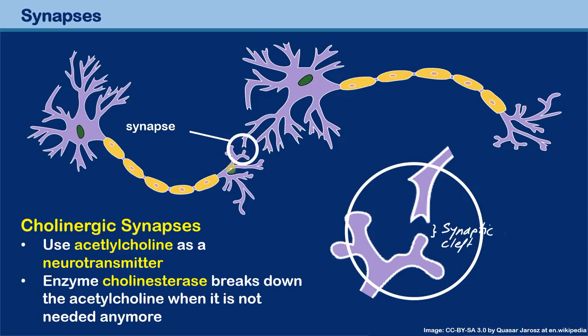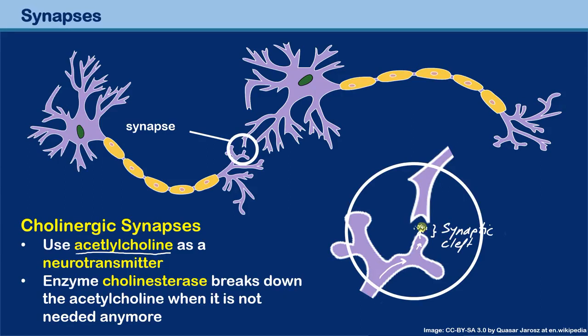The neuron from which the signal comes releases a chemical called acetylcholine. So a nerve signal travels down, reaches the end of the axon, and then chemicals are released. Acetylcholine, the neurotransmitter, is released into the synaptic cleft.